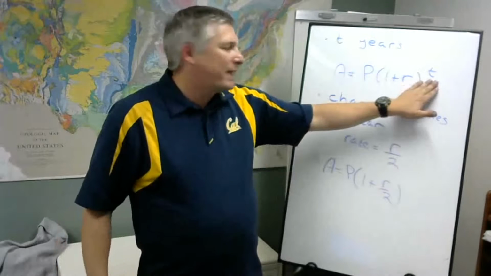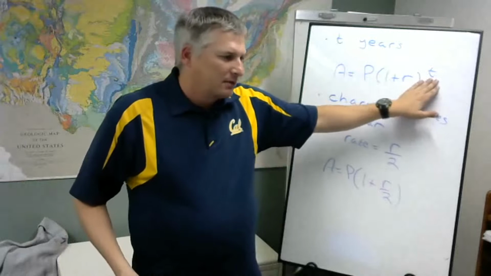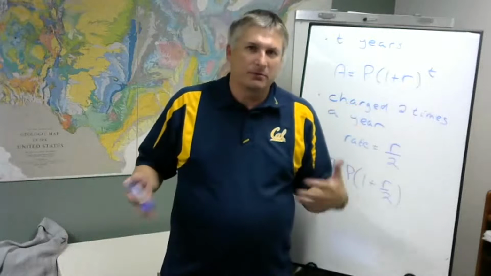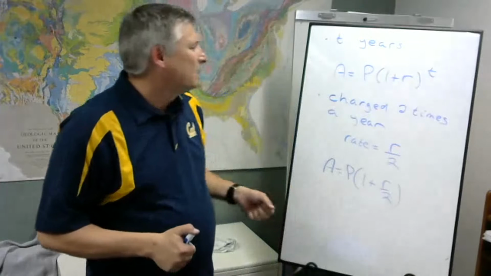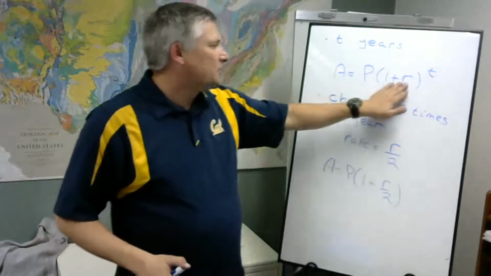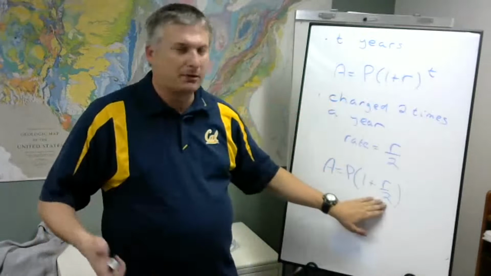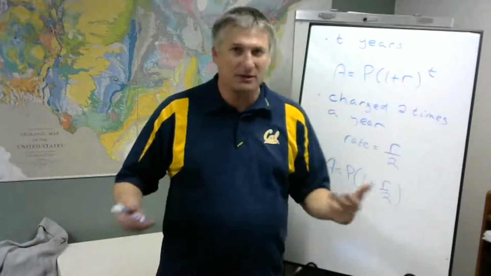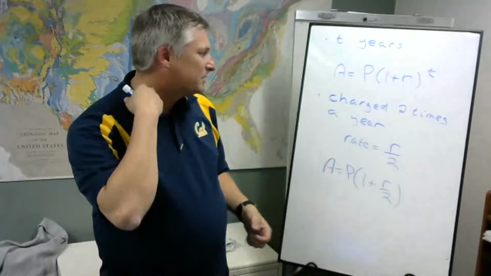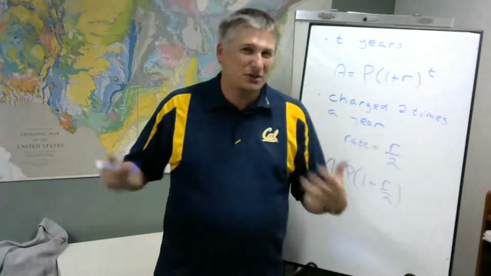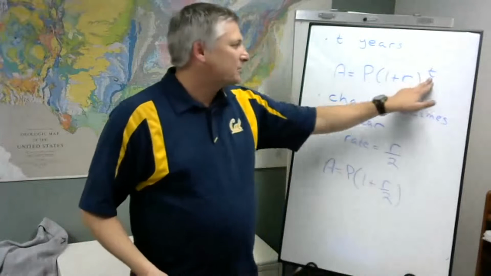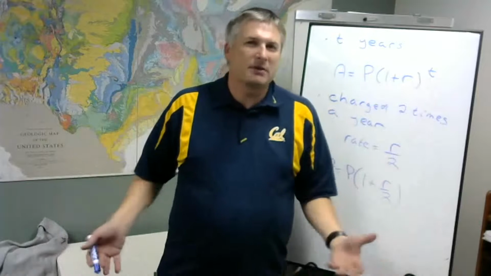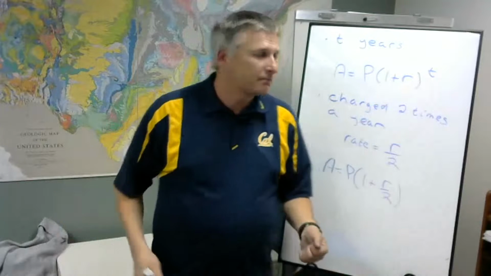Now, when we have T here, T is the number of years that we were being charged. And this is the interest rate. Again, this is just the interest rate for each time we're charged. So what T basically represents is not just years, but this exponent represents the number of times we're charged, period.